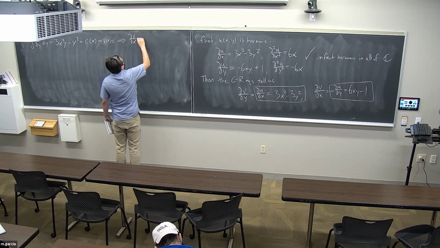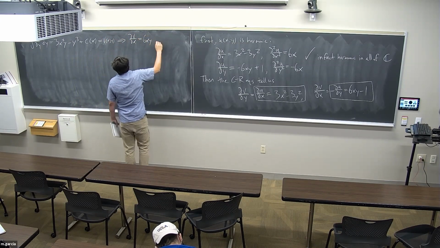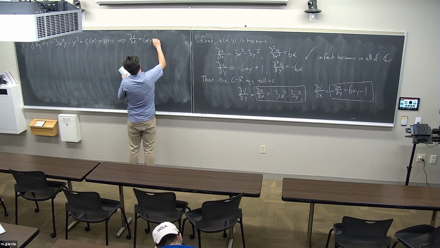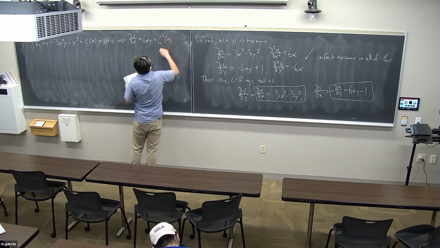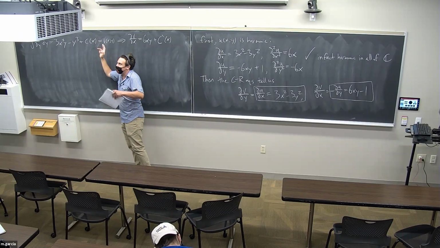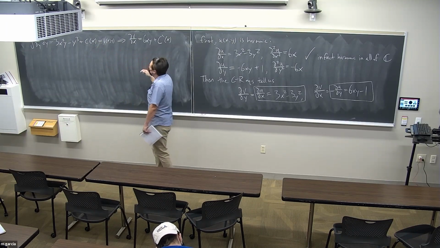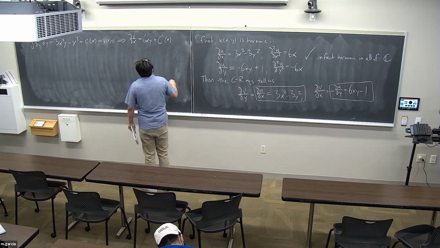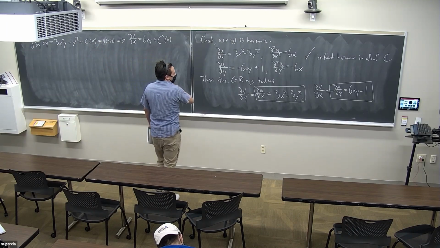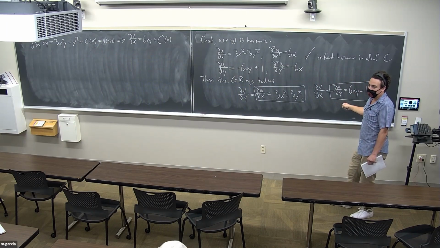Partial v partial x is just equal to 6xy plus c prime of x, right? Our function of x is constant with respect to y, but we can differentiate it with respect to x. Now, we compare this with what we insist the partial of v with respect to x is.